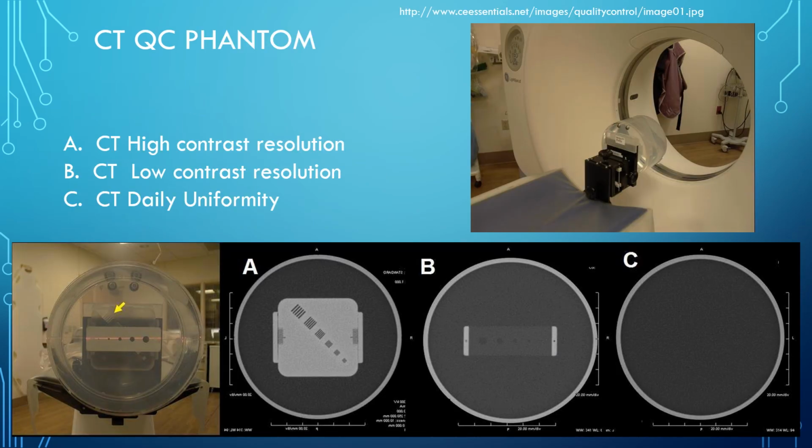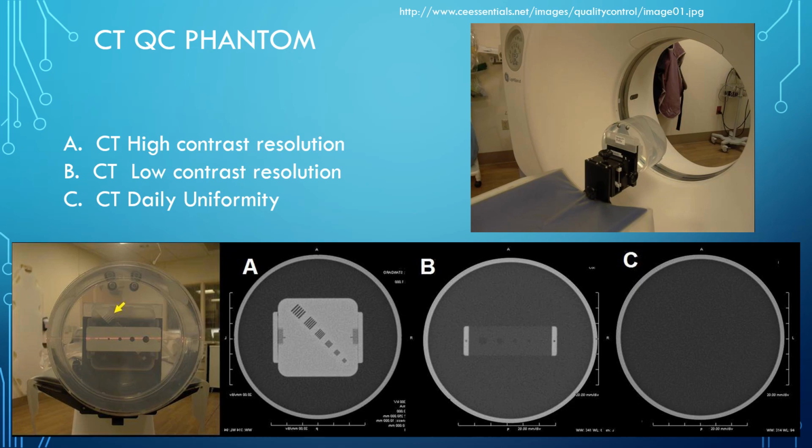So image A is showing that high contrast phantom. If you look there in the picture, you're seeing the phantom on the top right, you're seeing the phantom in the holder. And then in image B, you see low contrast resolution, and in C, you see the CT daily uniformity.